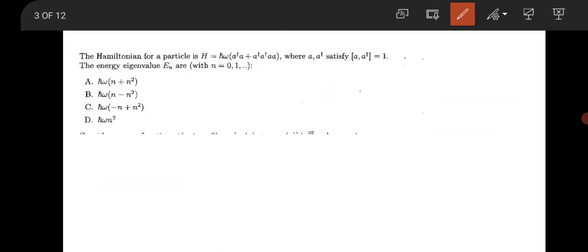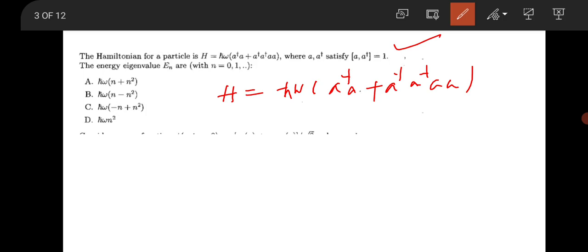Okay. So the next question is from the quantum harmonic oscillator. The Hamiltonian of a particle is given by H equal to h cut omega times a dagger a plus a a dagger over 2. The condition is given: the commutator of a and a dagger is 1. So find the eigenvalue.